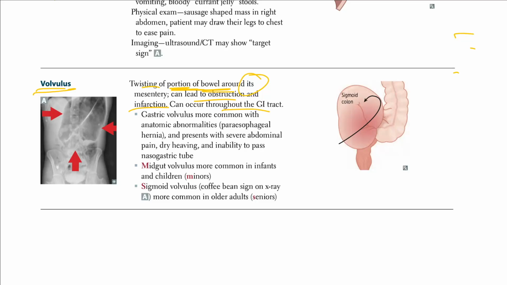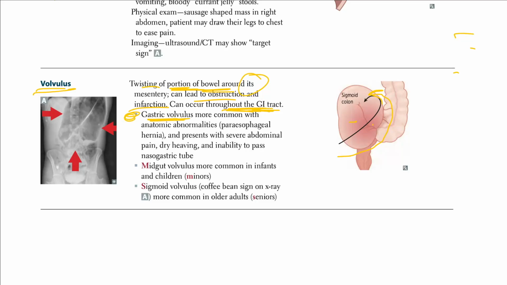So if you look at this picture, there's a twisting of bowel around its mesentery. That bowel, look, is all red. There you can see obstruction and also sort of infarction. And this can occur throughout the GI tract.